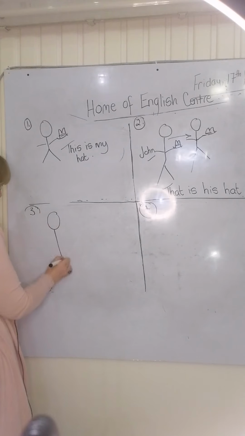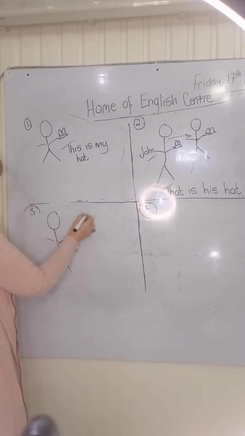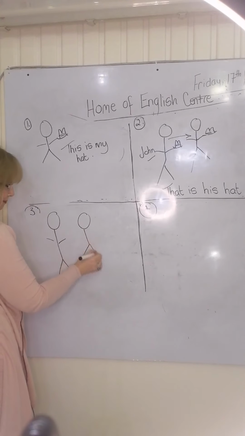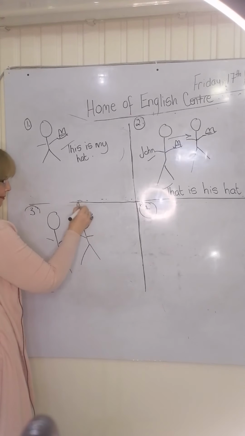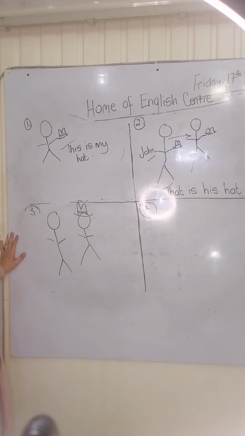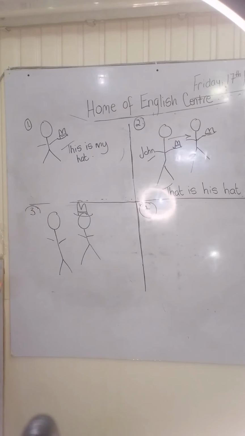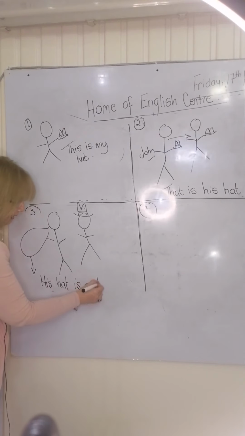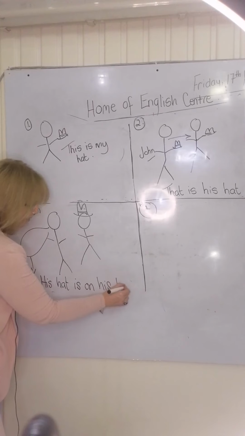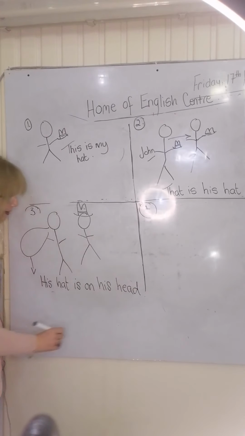So, John is here. Here is his friend. Okay. So his friend has put his hat on his head. And John is telling us something. John is now saying his hat is on his head. Okay.